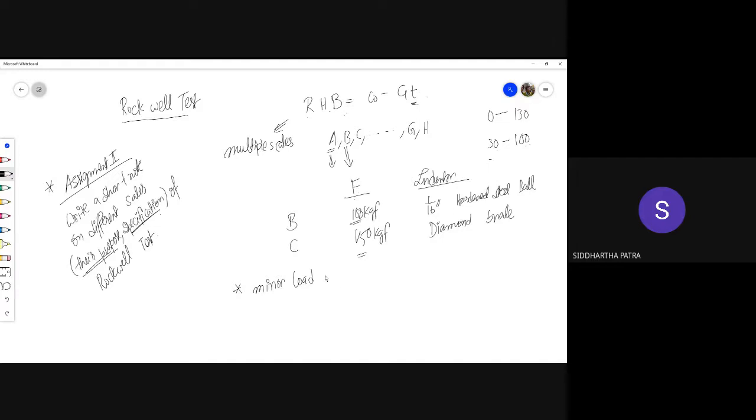Minor load, which for both B and C scale is 10 kg force. So this is your third question.